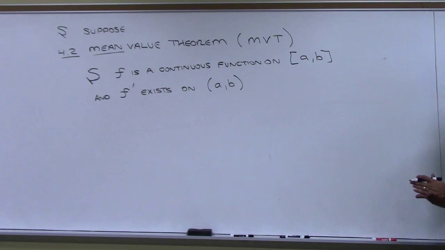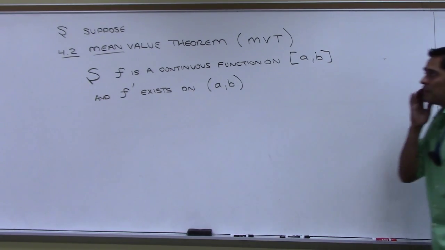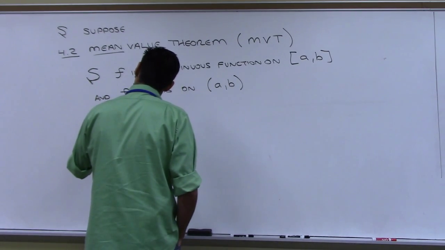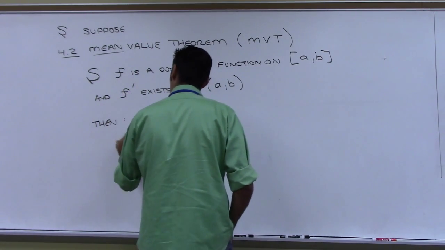So you have a continuous function on a closed interval. The derivative exists inside there. Then, here's what we have. Here's a conclusion.